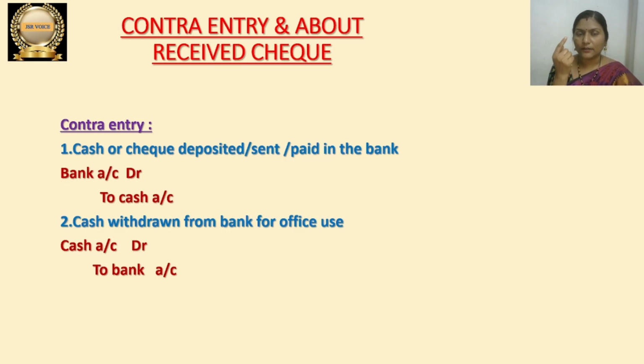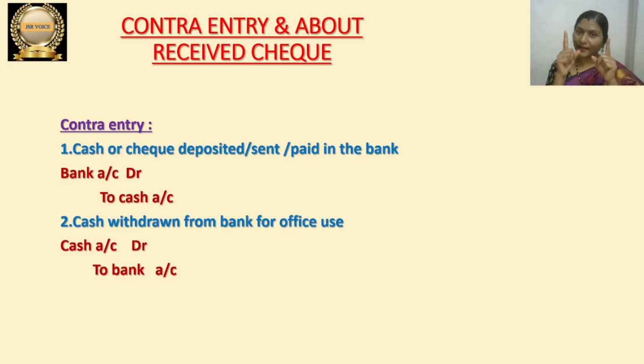Whatever transactions are given in the question, each transaction we record only one time. But contra entry transactions are recorded 2 times in the business. All other transactions we record only one time in the 3-column cash book.